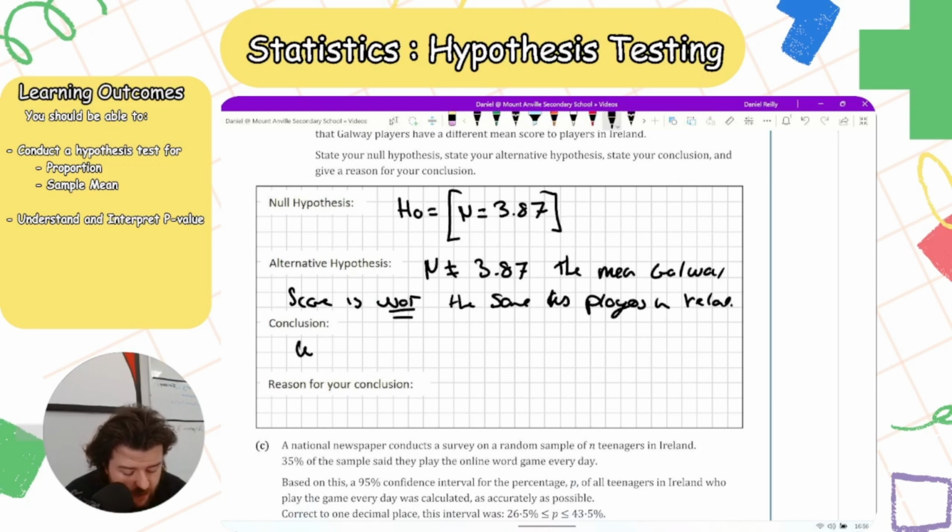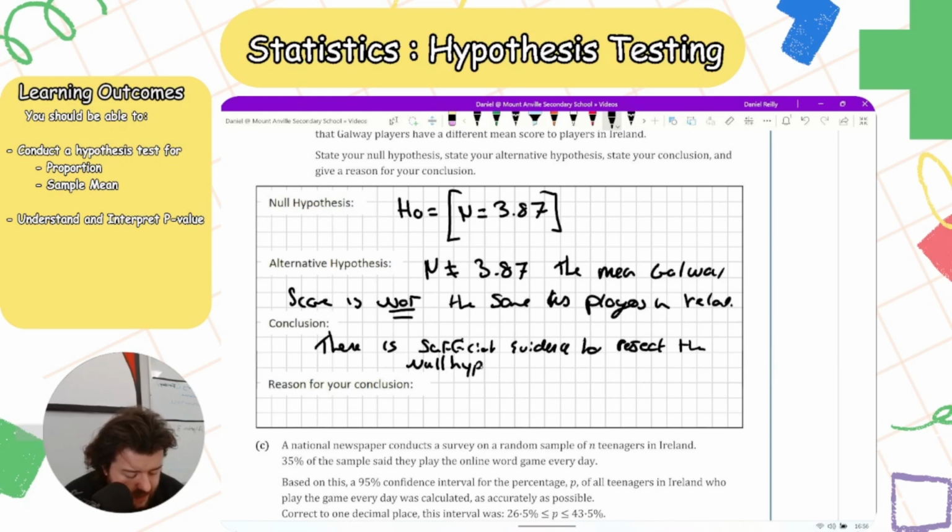So we just say there is sufficient evidence to reject the null hypothesis.